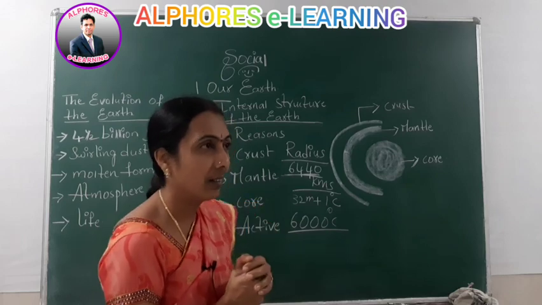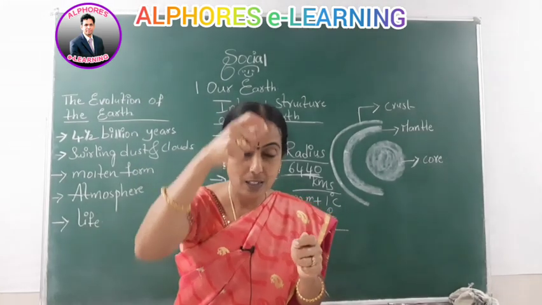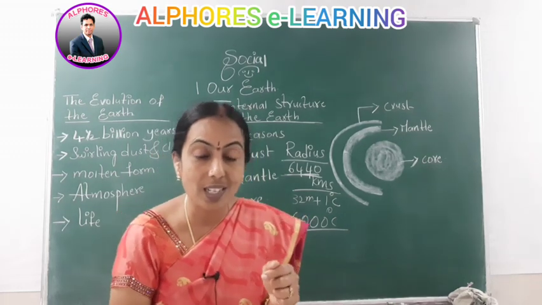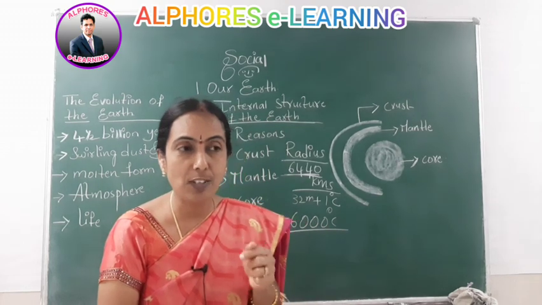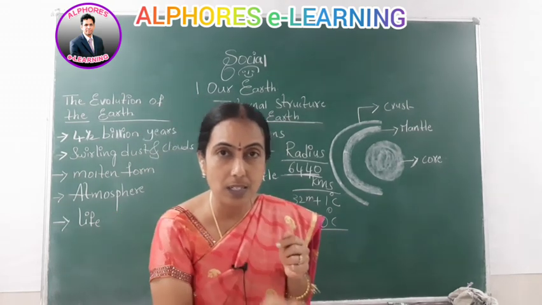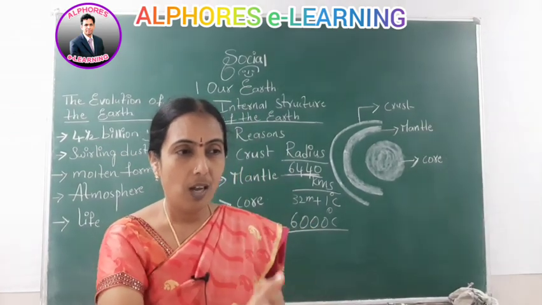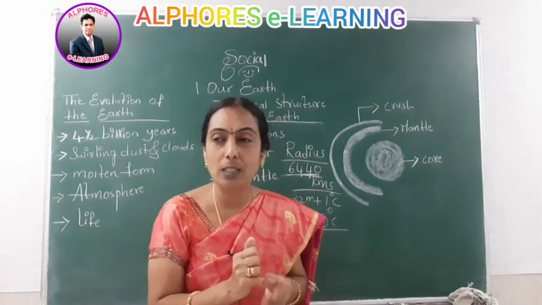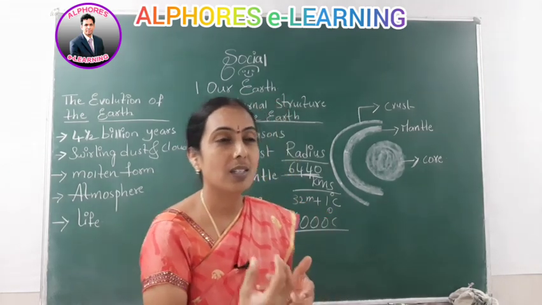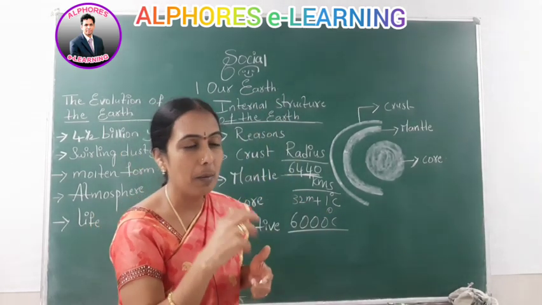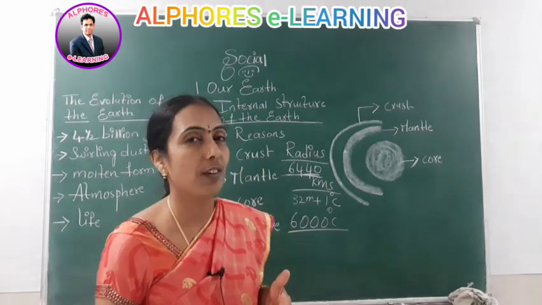What are those indirect evidences? Petrol. We drill petrol pipes up to 6.5 kilometers into the deep Earth's interior, and we get the petrol. And we all know that the petrol will come in the crude form. Some rock, some dust, something all will be mixed and it will come out. Later on it will be purified, that is a different matter.